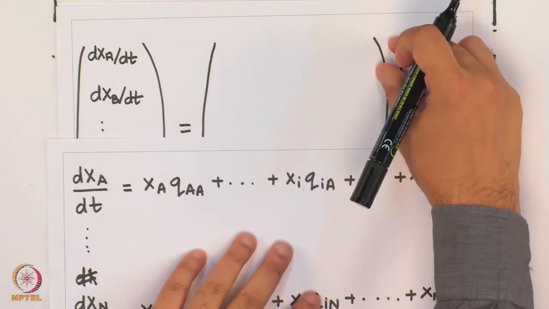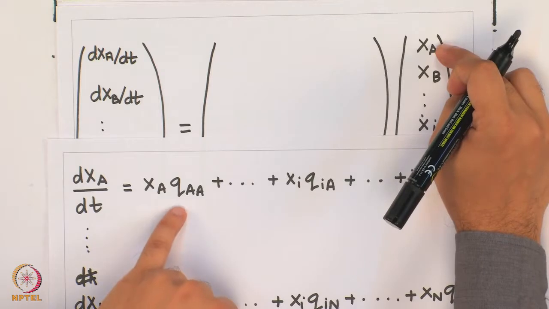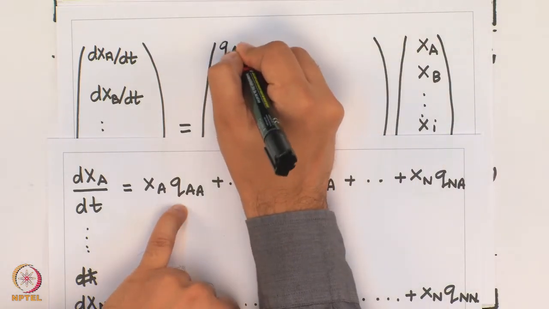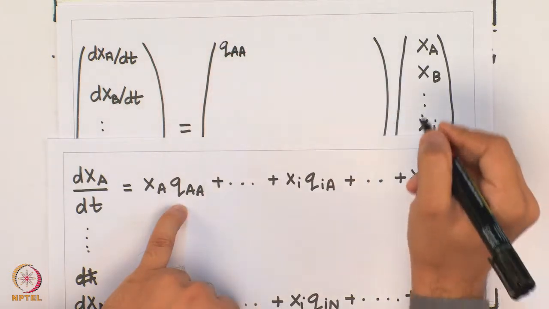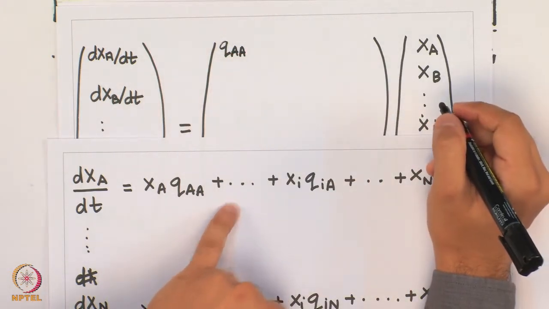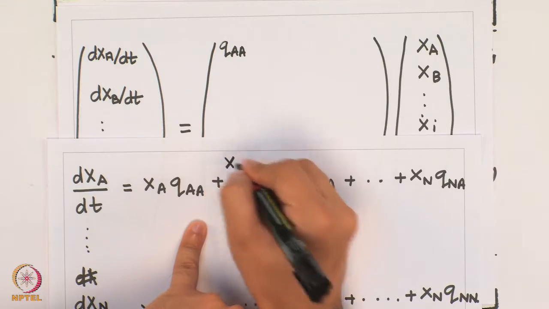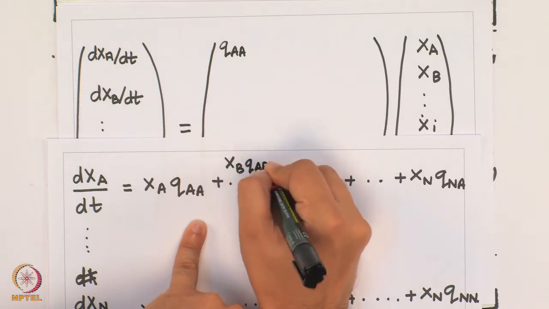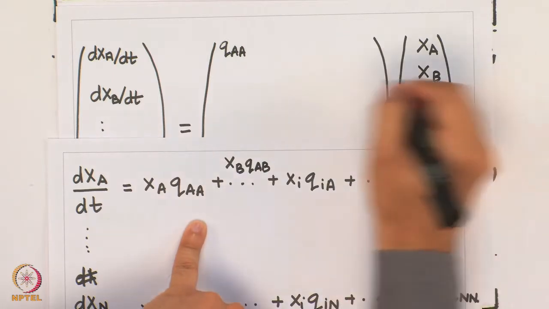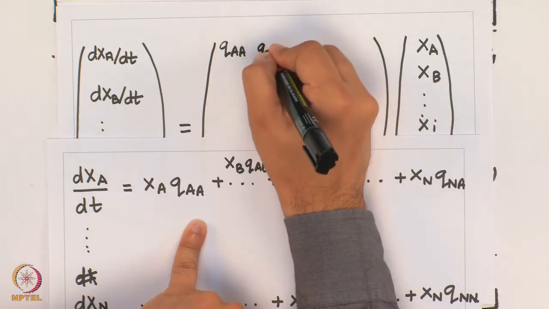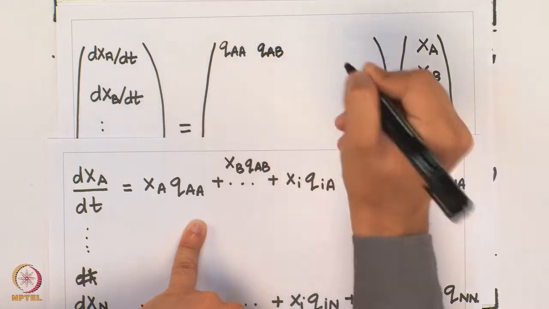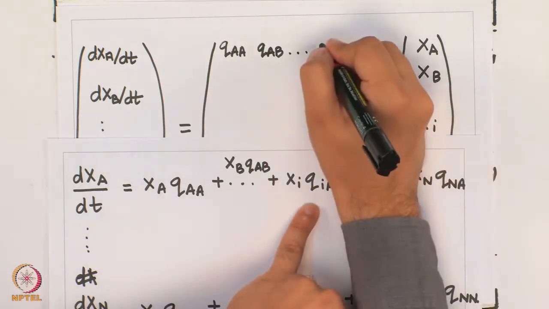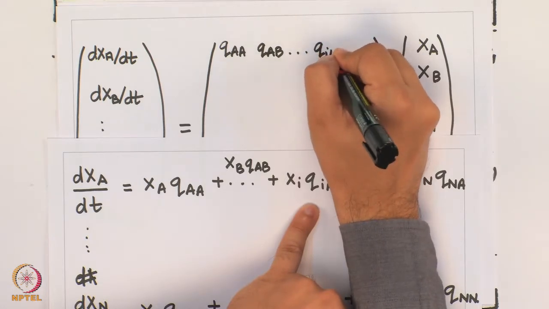And in that first entry, xA is multiplied with qAA, which should be the first term of the matrix, which is qAA. This is followed by the second term, which will be xB into qAB. I have xB here. That means the second entry here should be qAB. Going all the way, xI should get multiplied with qIA.